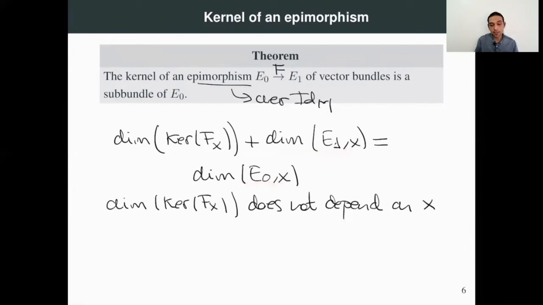And of course, this proves that the family of kernels is a family of subspaces of the fibers that have all these subspaces the same dimension. Okay, to prove that it is actually a subbundle is a little bit more than that, but it's not that difficult, and I'm going to leave you that task as an exercise, okay?